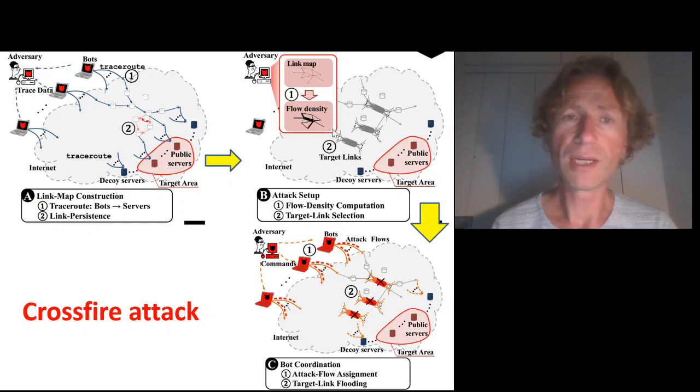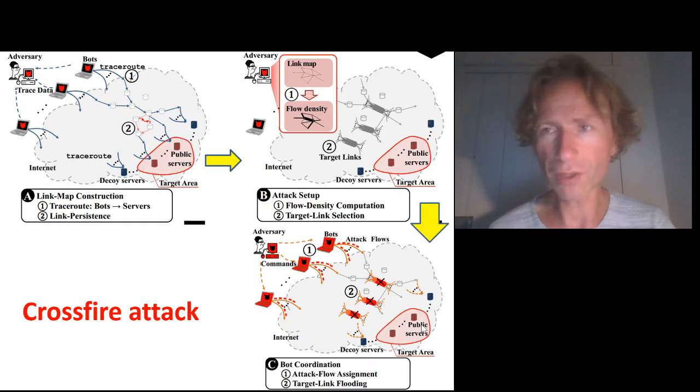Okay, so do a flow density computation, and then you do a target link selection, and then you're going to send traffic in this stealthy manner to the decoy servers close to the target servers. So these are the decoy servers, and this is a target area that is never really targeted, but is still choked up.